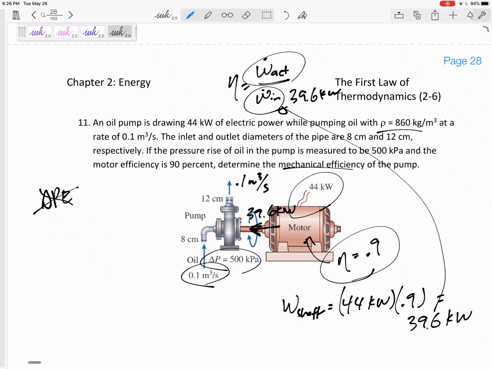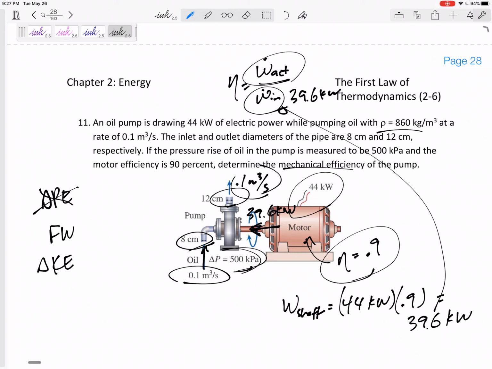What does it give us, though? That change in pressure, that's a big one. Change in pressure. So there is some flow work. We don't really say delta flow work, but there is some flow work because of the change in pressure. Anytime you see a change in pressure at a pump, then we've got flow work. And I don't know if you see this, but if we have an amount of fluid coming into an 8 centimeter diameter pipe and the same amount of fluid going out of a 12 centimeter diameter pipe, there is a change in the velocity.